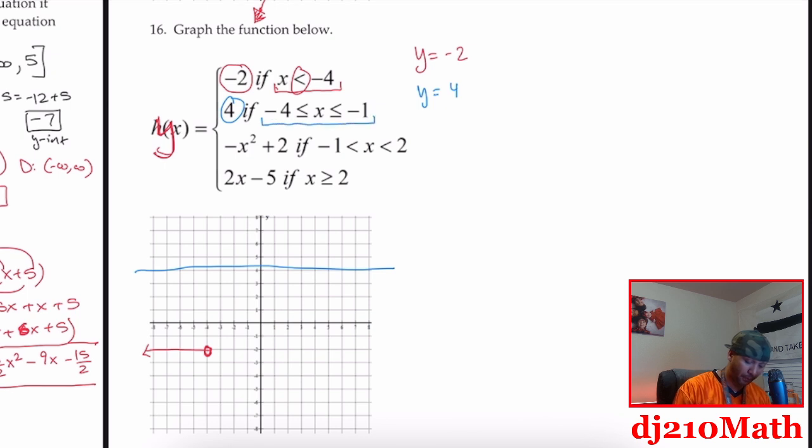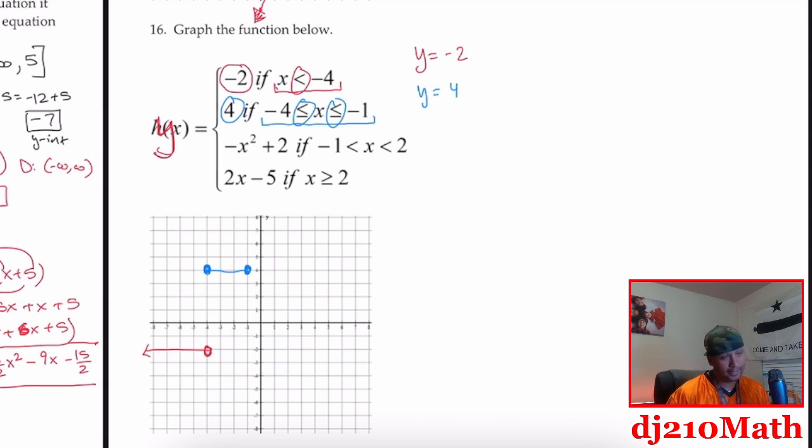We only want a portion. So I want from x equals negative 4, closed circle, to x equals negative 1, closed circle. Well, two closed circles.